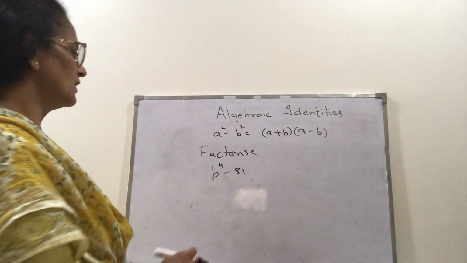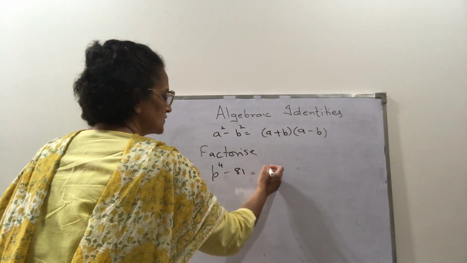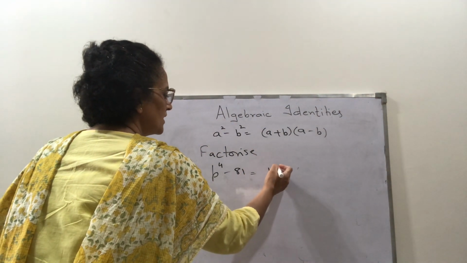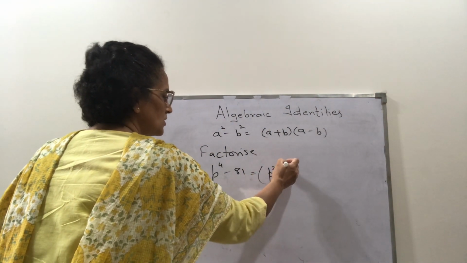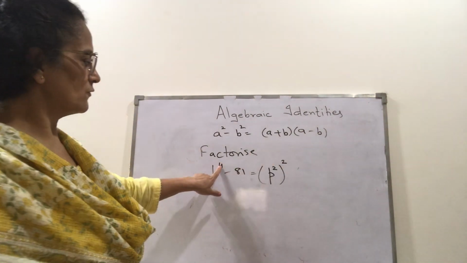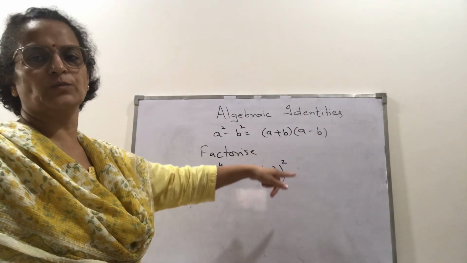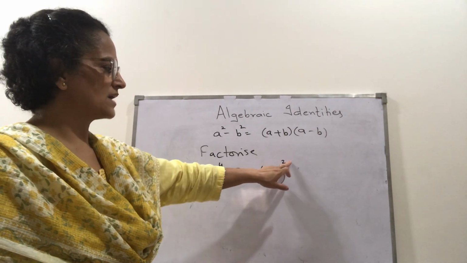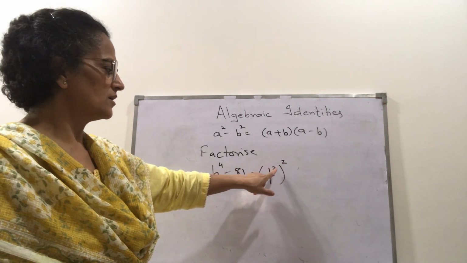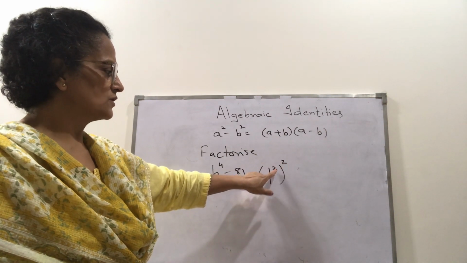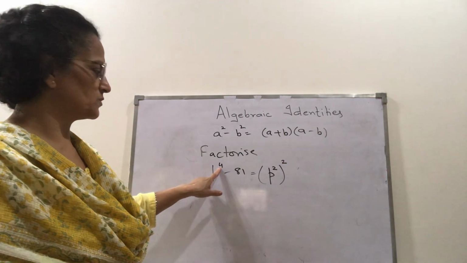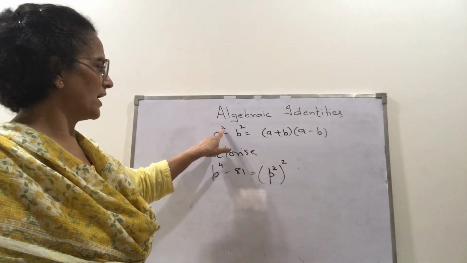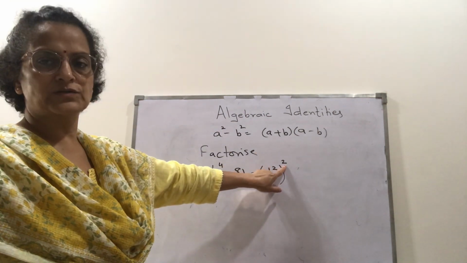So first let's take out the square. (p square) square, 2 into 2 gives me 4. When we have done exponent laws, a to the power m and power n outside the bracket, we multiply these powers. So 2 into 2 gives me 4, and for my identity I can see a square.